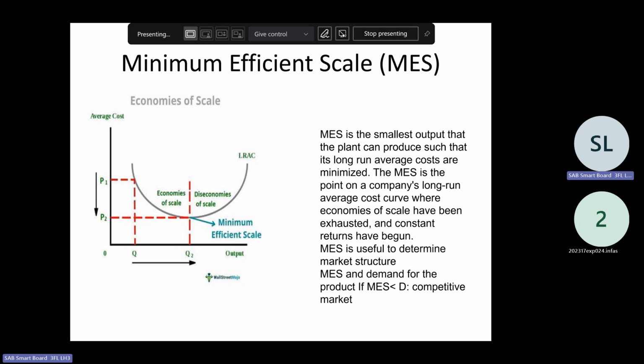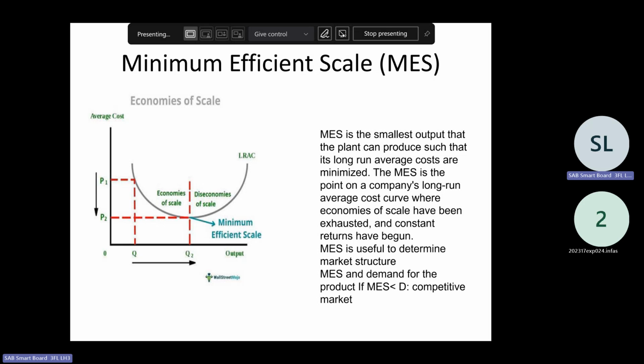If this firm is a very small firm, fine. But if it is a large firm, the market share is also high, so there may be few firms operating in the market. That reflects the competitive level.